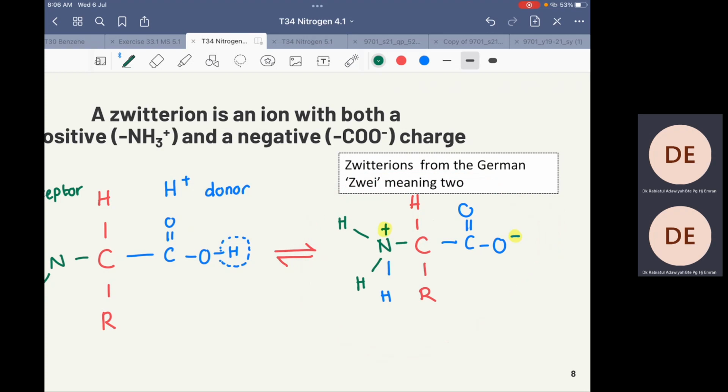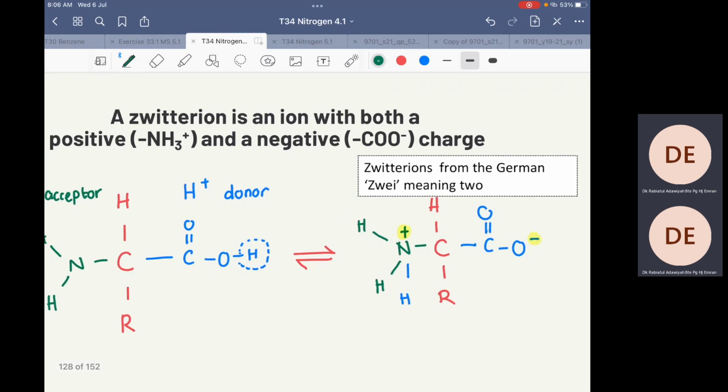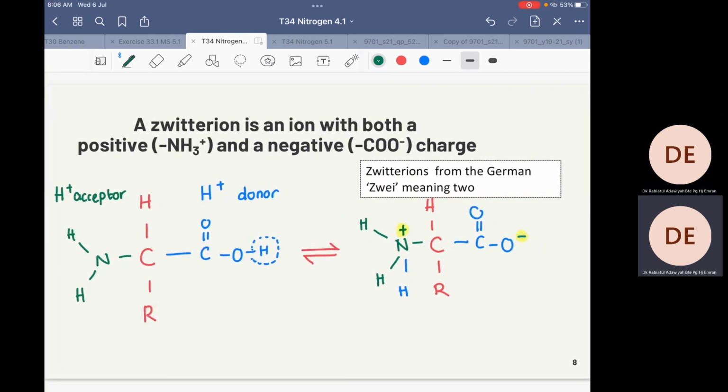Okay, so a Zwitterion is still a neutral molecule, but it has the positive charge on one side of the molecule and the negative charge on the other side of the molecule. So this is what happens. And this is an example of a Zwitterion.